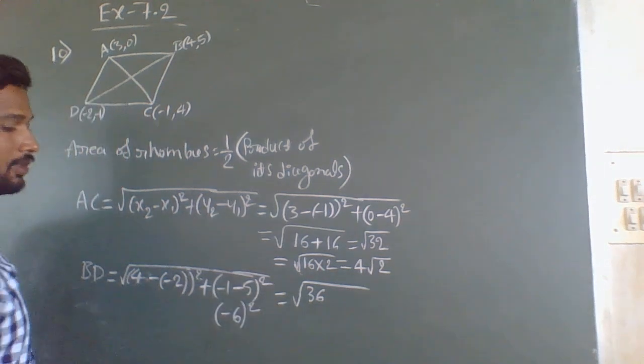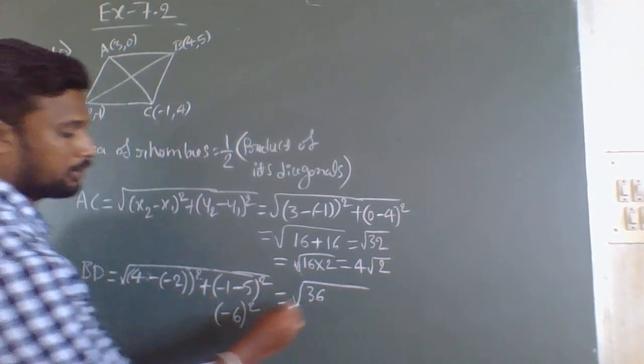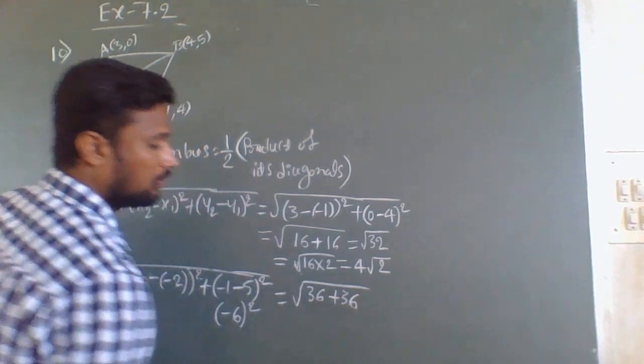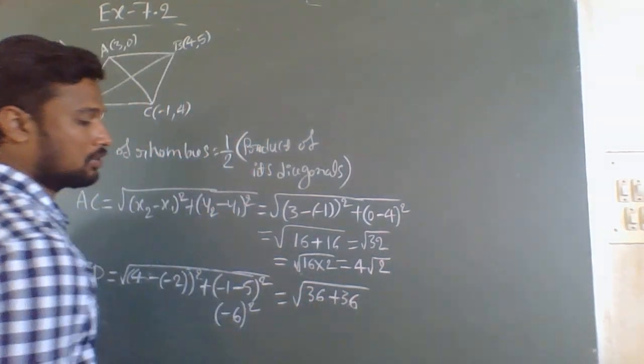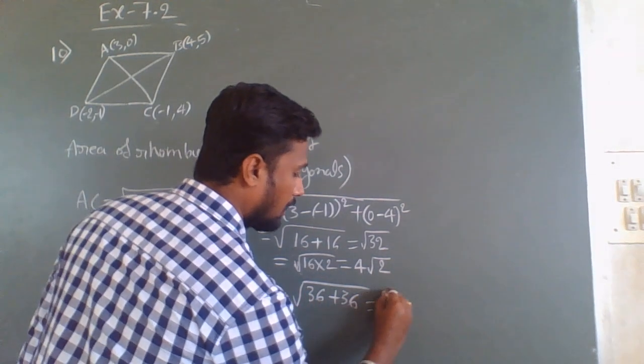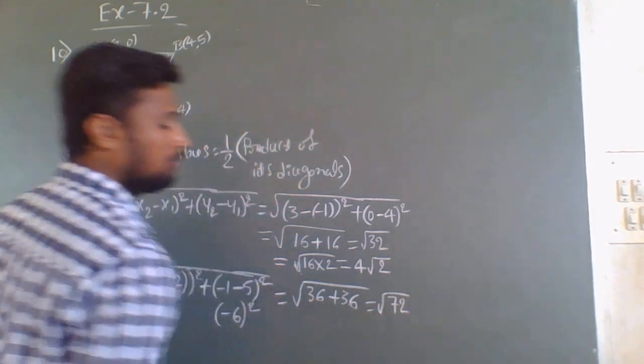So minus 1 minus 5 is minus 6, and minus 6 square is 36 only. Therefore 36 plus 36 means you can write it as square root of 72.